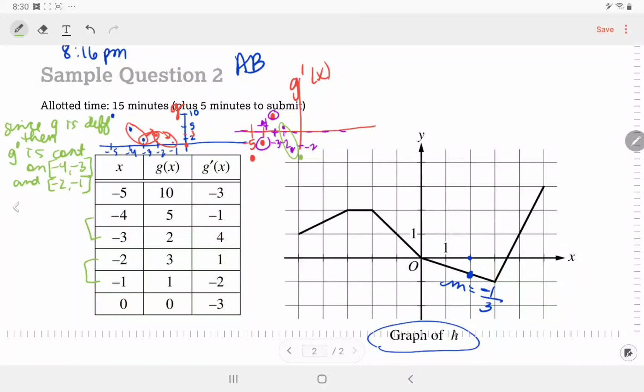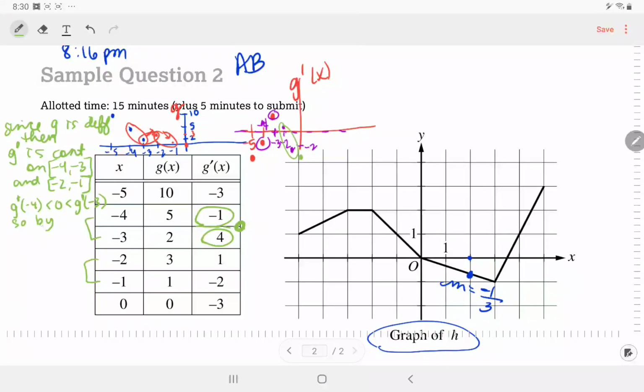and then I would say G prime of -4 is less than 0, less than G prime of -3. Okay, because 0 is between, right? Oh, now that's G prime, not G. So G prime of -4, which is -1, is less than 0. So 0 is in between. And then there's 4. So 0 is in between these two.